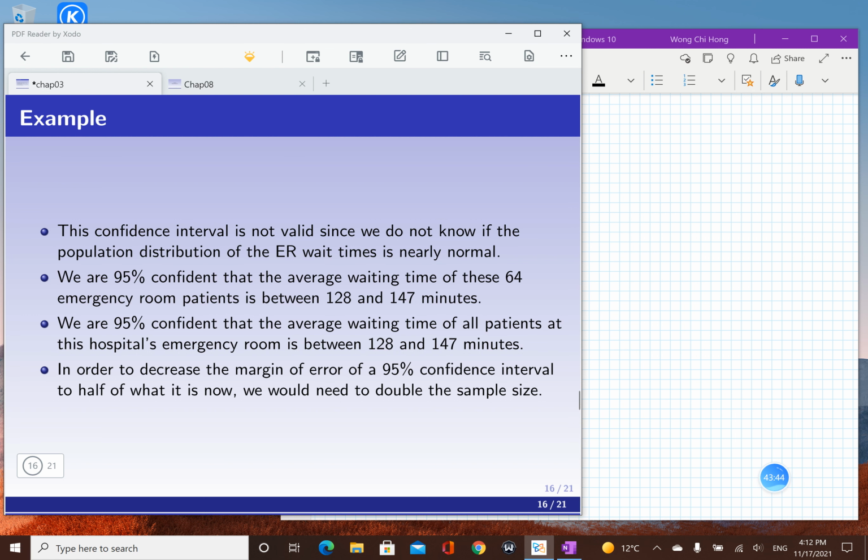That's the point of our confidence interval. It's not that we are confident that our sample mean is between the two numbers. We have our sample mean, and then we have our interval set up around it, so the sample mean ought to be right there in the middle of this interval.